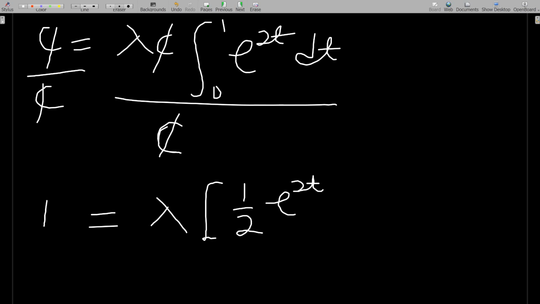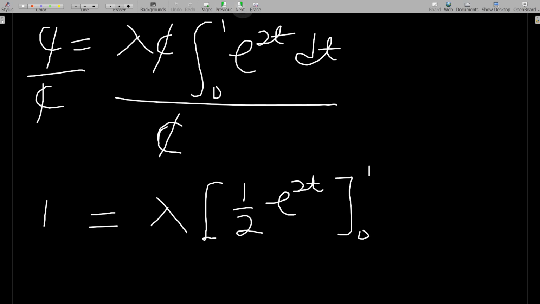Integrate e to the something, you just get e to the same thing over the differential of that thing. So from 0 to 1, I hope this is cool. Go ahead and insert our limits. So I have 1 is equal to lambda into half e to the 2t.